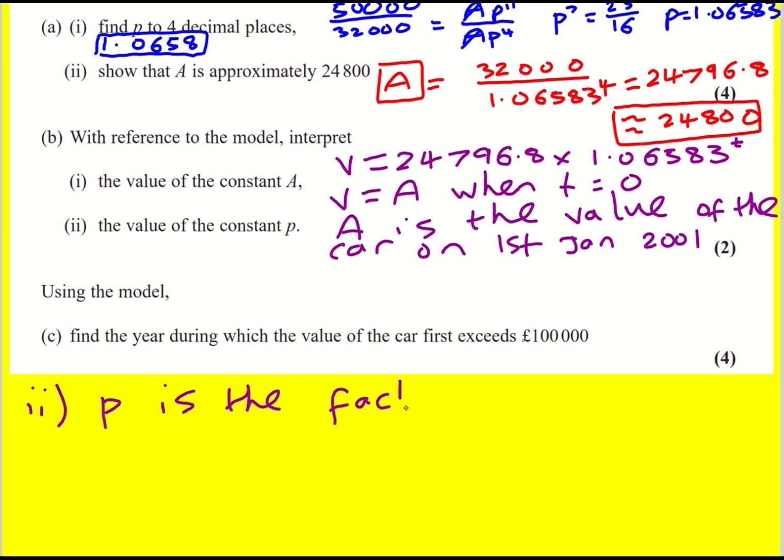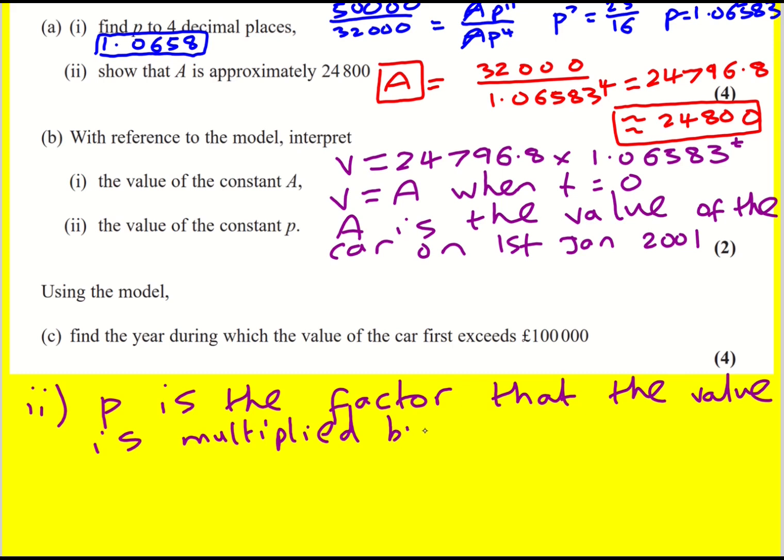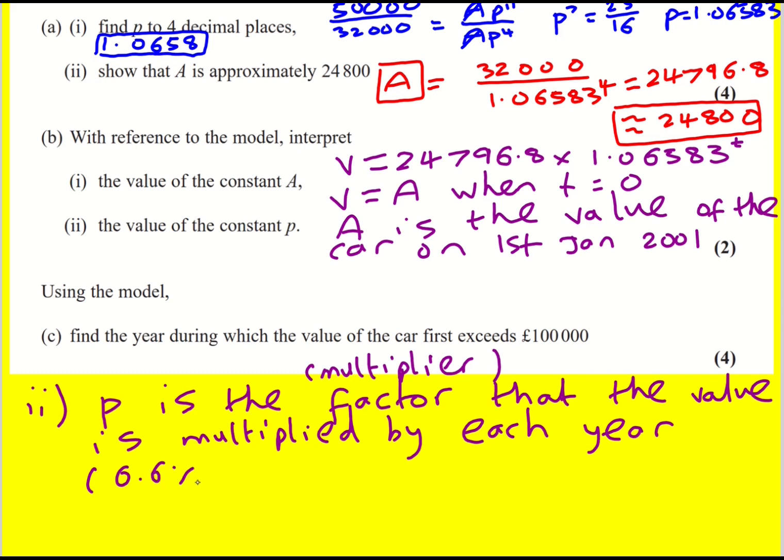It's not a scale factor, but factor that the value is multiplied by each year. Maybe I could even call it the multiplier. I mean, that's what I always do when I do percentages. Just to be extra safe, I probably would write down that it's going to be a 6.6% increase each year.